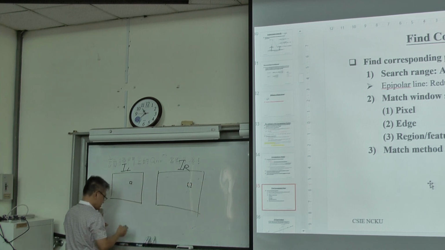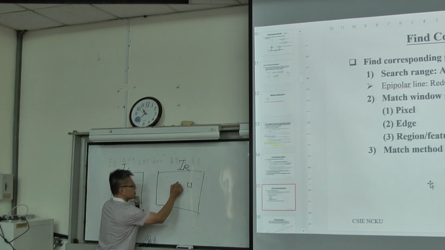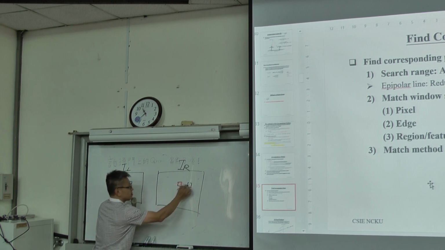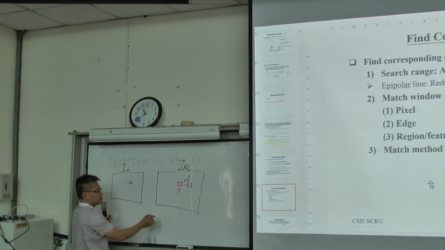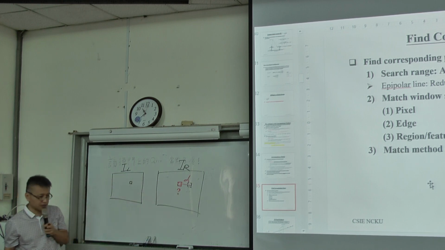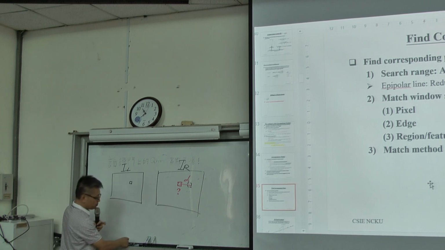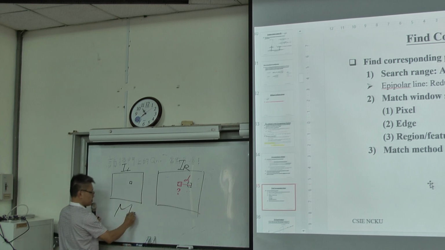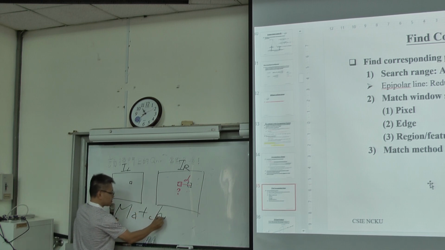So how can you find the corresponding point here? This corresponding point. So how can you find this? So this will be distance d, disparity d. So how can you find this point? That's the problems. So this become matching problems. 找到相对应的 matching.